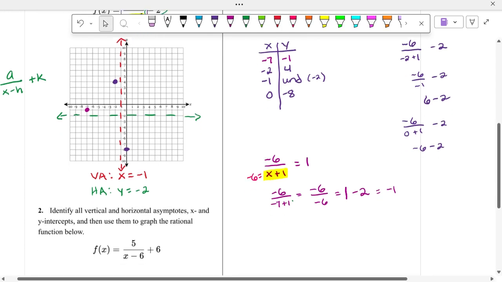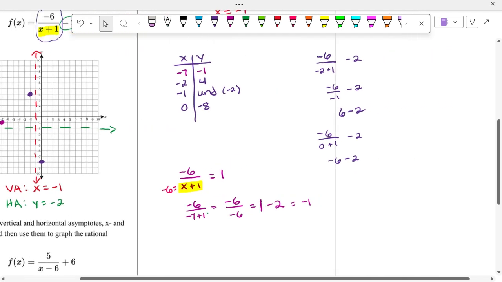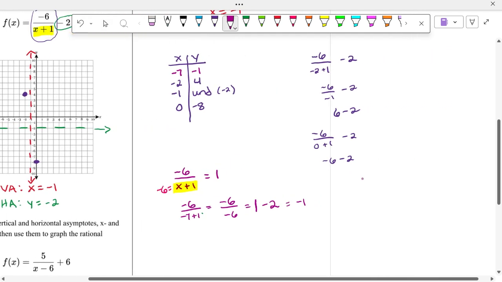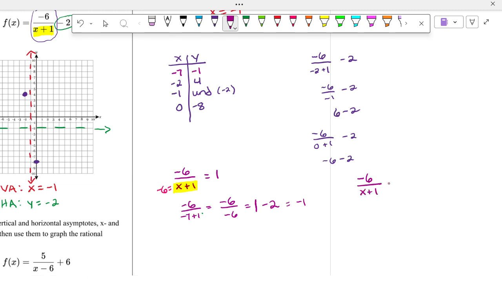Now let's shoot for negative 1. So we have negative 6 over x plus 1 is equal to negative 1. So what value should the x plus 1 equal? In other words, what does the denominator need to be? Right, it needs to be 6, because negative 6 divided by 6 is negative 1.